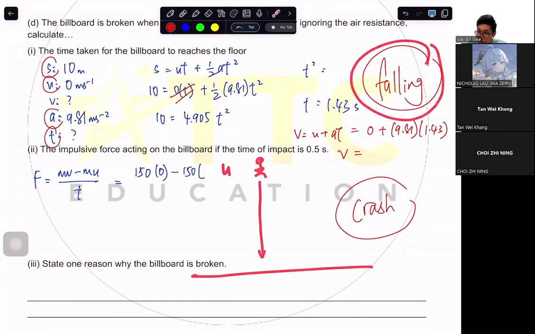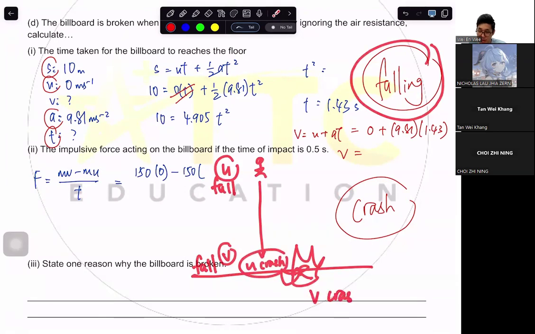This is your initial velocity of the falling, and this is your final velocity of the falling. But what about your crash? This is your initial velocity of the crash, and this is the final velocity. The final velocity of your crash is 0, because you have stopped already. But the initial velocity right before you crash is the final velocity of your falling. Do you agree?